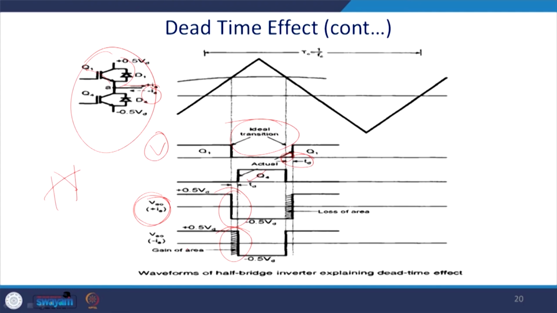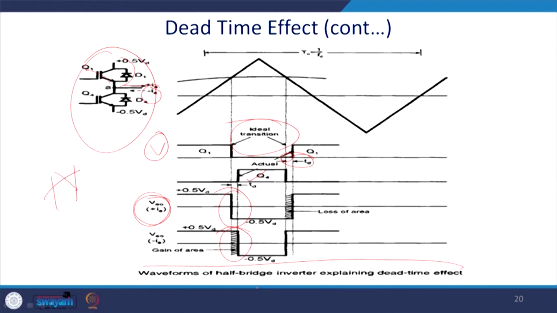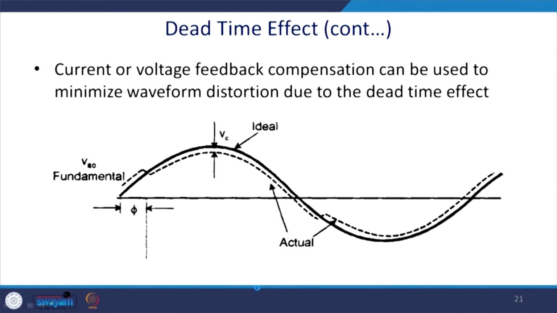Depending on the lagging or leading power factor, for these devices there will be a turn-on loss if it is a lagging power factor. If it is a leading power factor, you will have a turn-off loss. Accordingly, we need to design the dead time so that we can mitigate this loss.